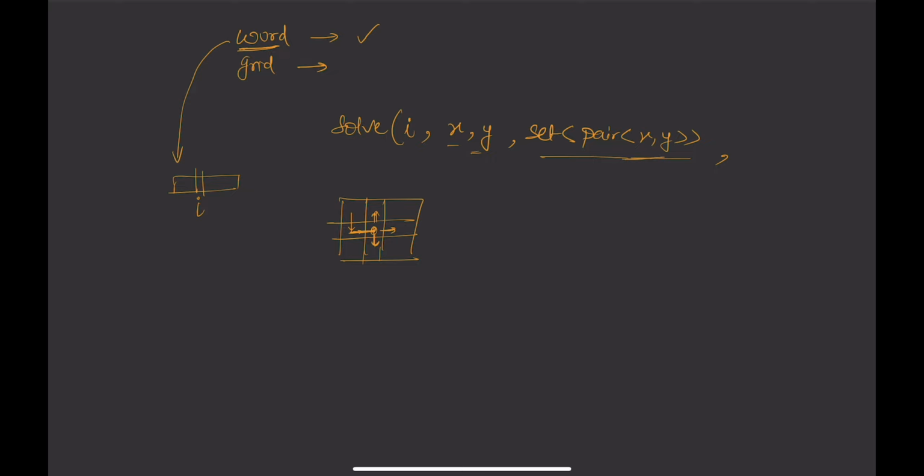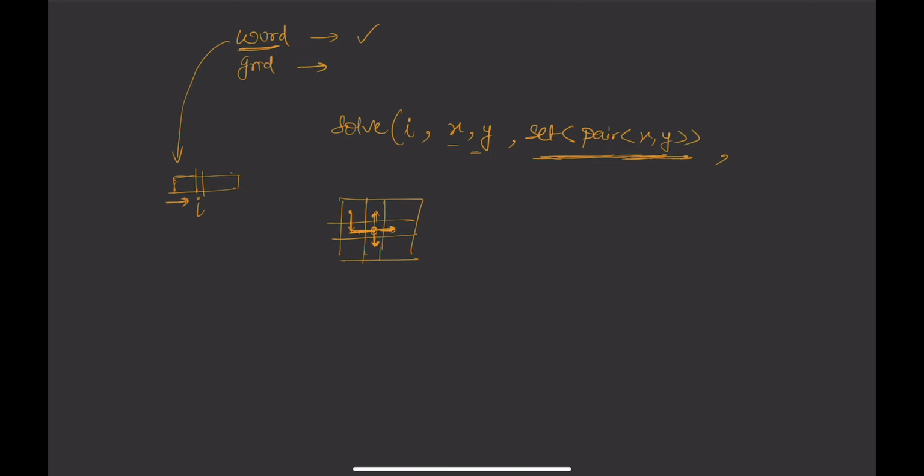What is important so far? Which character I am processing currently, that means how many characters of this word I have processed so far, what is the path I have taken, and from here which location I can go. I should only go to a location which is not inside my current path. This should keep on changing.